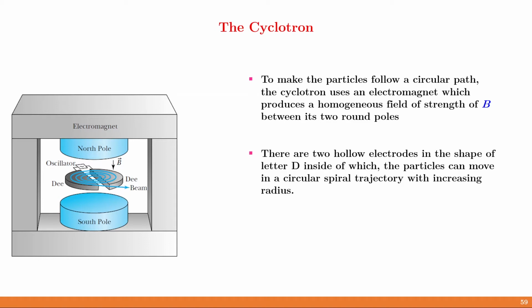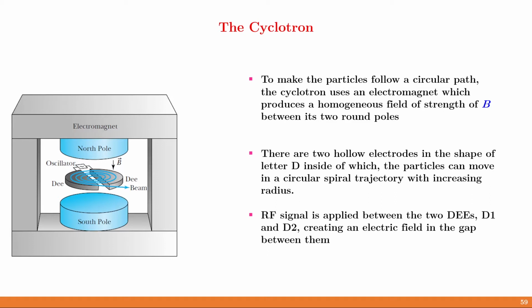There are two hollow electrodes in the shape of the letter D, inside of which the particles can move in a circular spiral trajectory with increasing radius, as indicated in this figure. A radio frequency signal is applied between the two Ds, designated D1 and D2, creating an electric field in the gap between them.